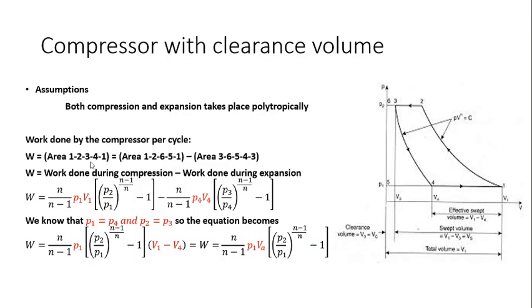That is area 12341, the area enclosed by the cycle, which is equal to area 12651, the area under the compression, minus area 36543, the area under expansion. So this is the work done by the compressor per cycle. These units are very important: the unit of work will be joules per cycle.